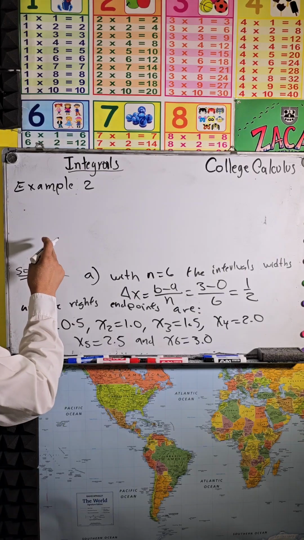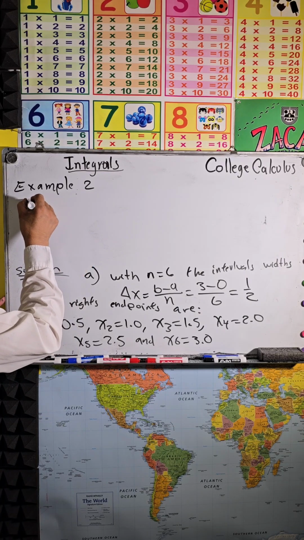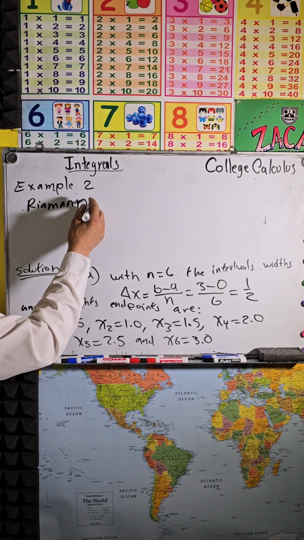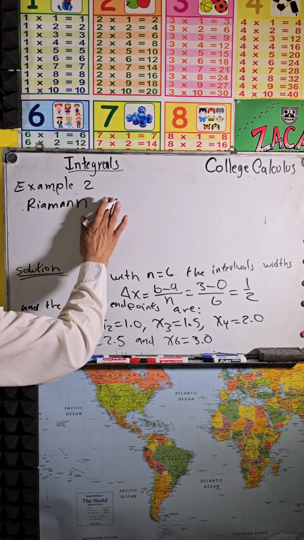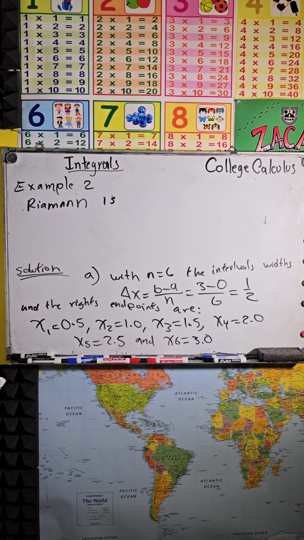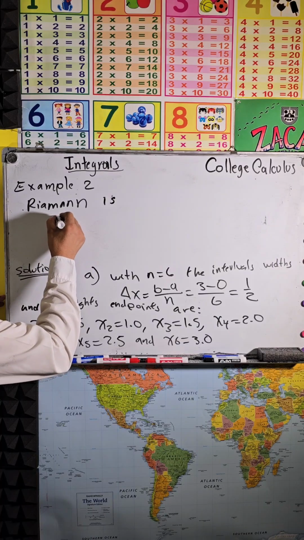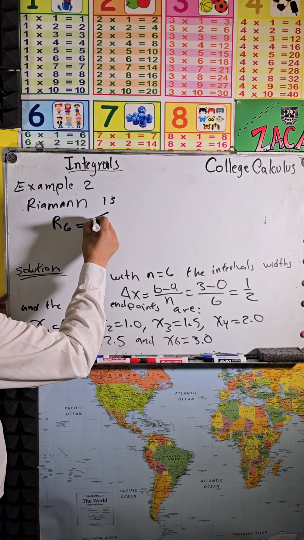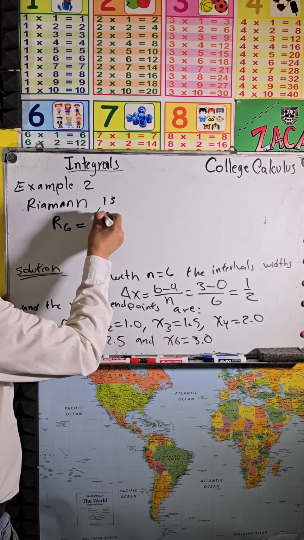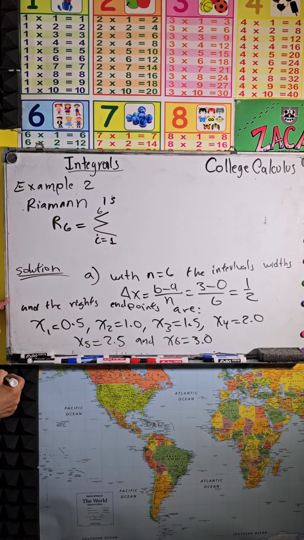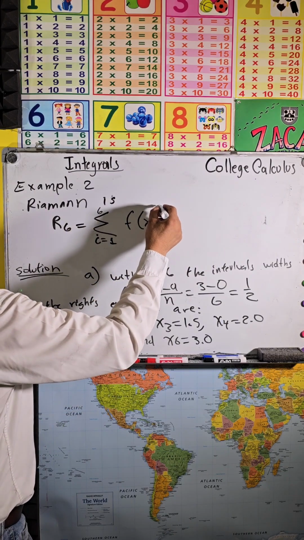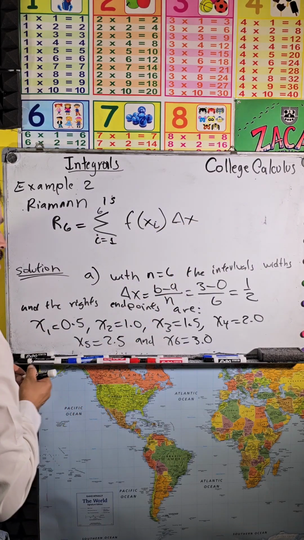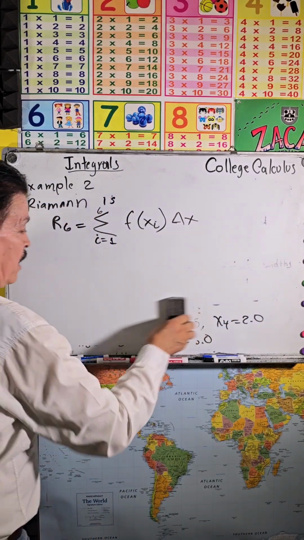So the Riemann sum, R6, equals sigma, i equals 1 to 6, of f of x i times delta x.